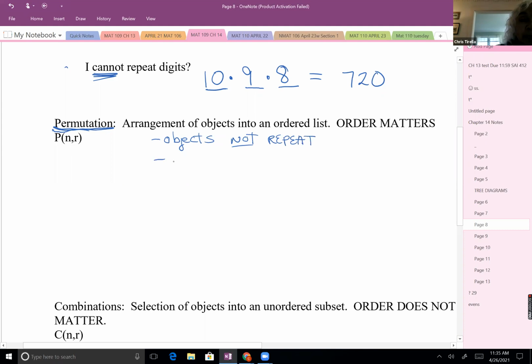With a permutation, the objects are different. I'm going to say they're distinct, which means they're each different. And with permutation, again, like I have in caps up there, order matters.